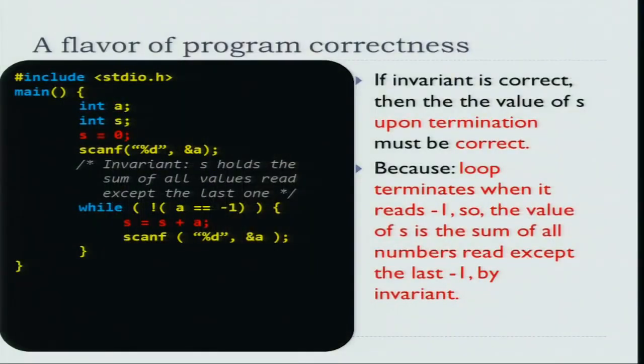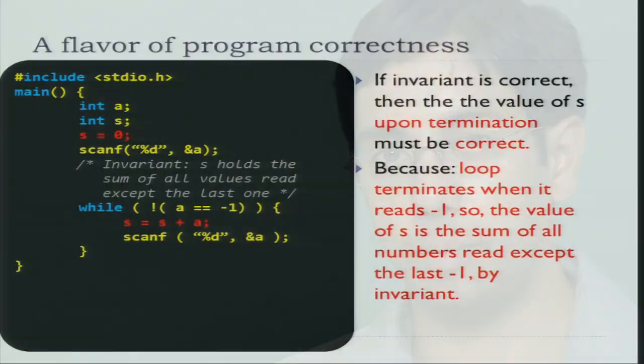So, this means that S holds the sum of all numbers except the minus 1. Therefore, when the program ends, that is you exit out of the loop, S holds the sum of all numbers that you were supposed to add. So, here is how arguing about a loop invariant and seeing whether the loop invariant holds in the loop that you have written helps you argue that the program is correct.